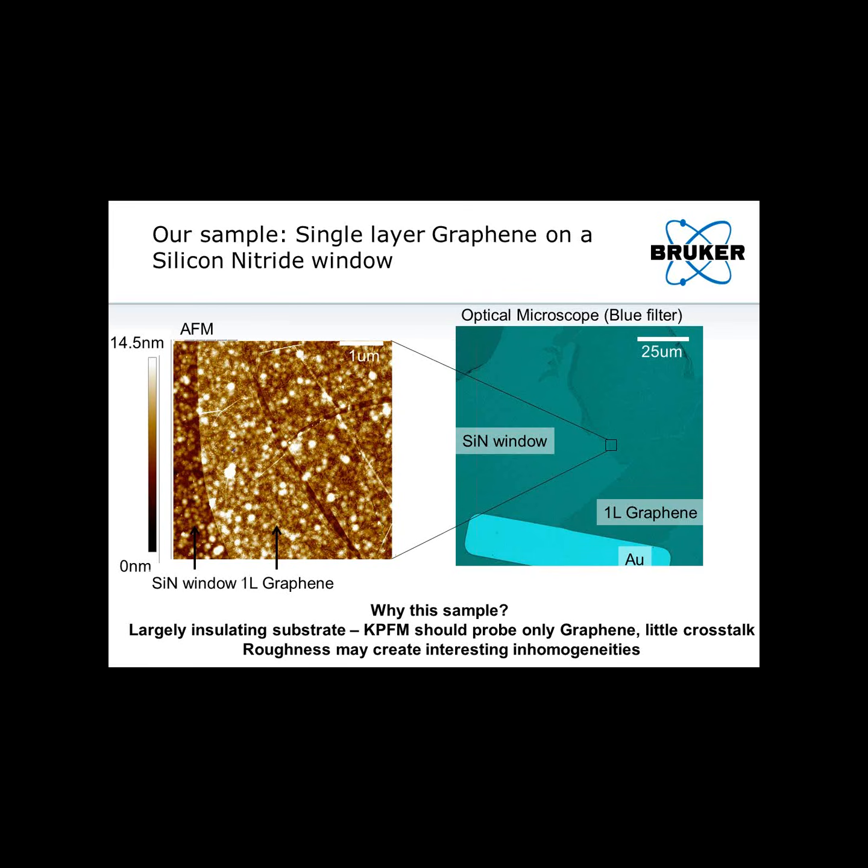I also thought that the roughness of this substrate, although it's not ideal for some other measurements, might actually be interesting because it would add some sort of structure to graphene. In the past, people have speculated that it's surface variations, topographical variations, that allow graphene to exist in the first place. So I wondered how such an extreme case of substrate roughness would influence graphene's properties. Maybe we would see something different that other people did not see.